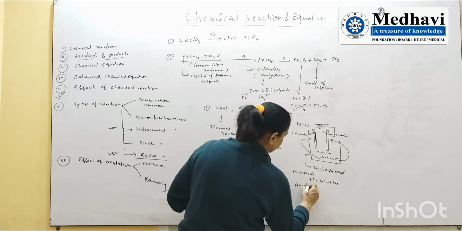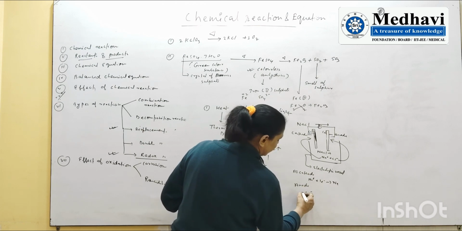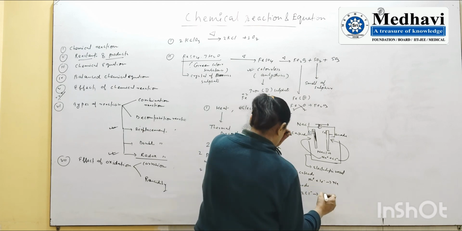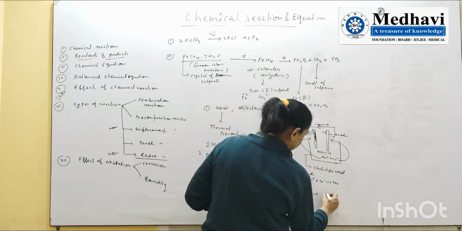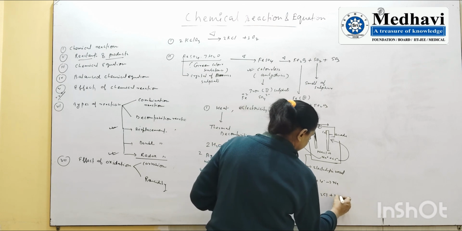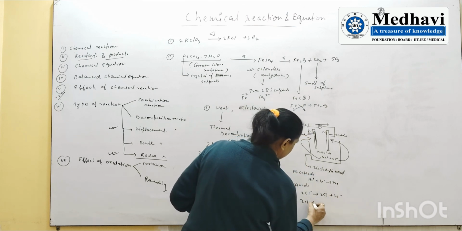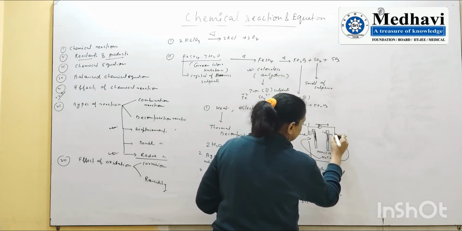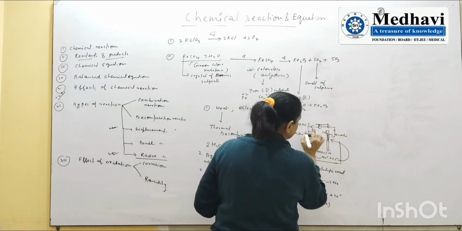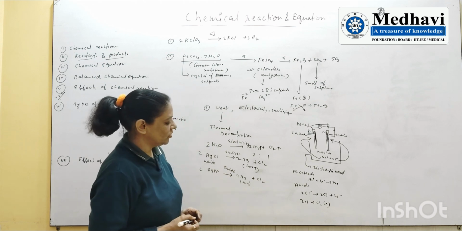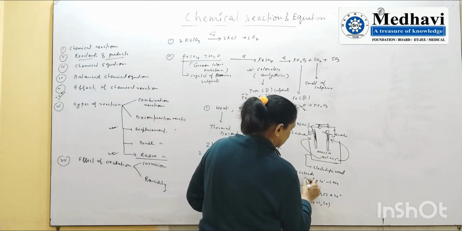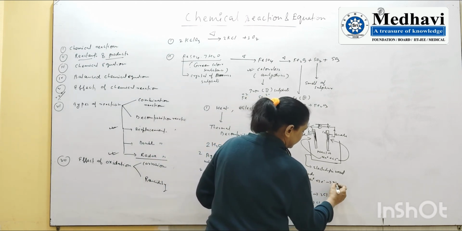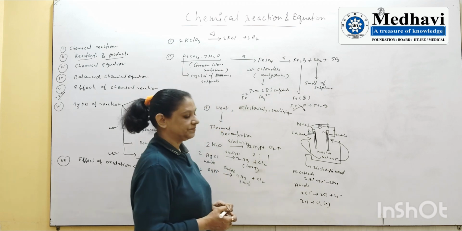At the anode, Cl minus ion loses an electron and this Cl turns to Cl2 gas and discharges here. So the electron is transferred here and taken by sodium.